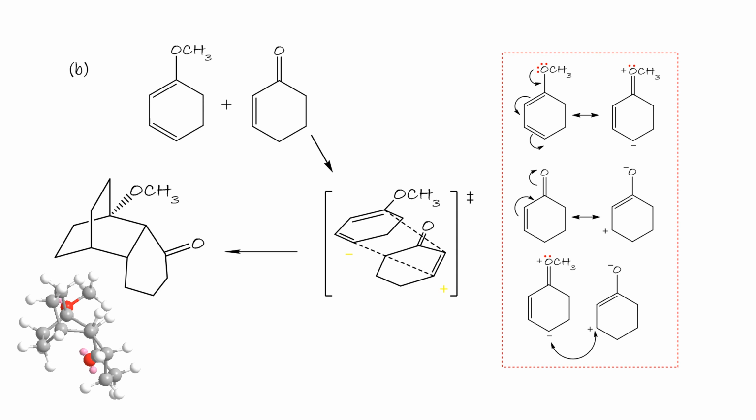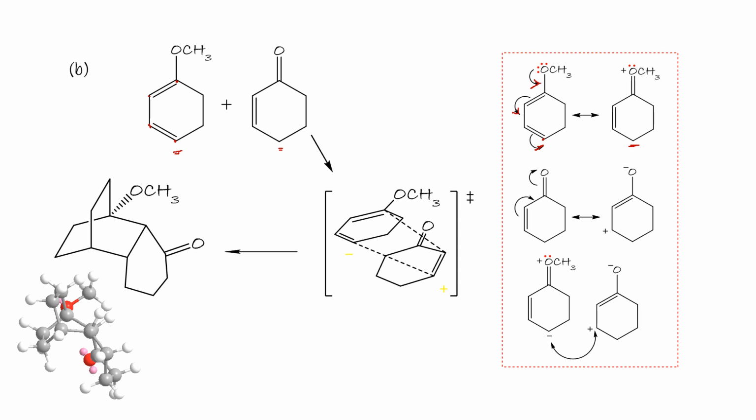Let's see this diene and this dienophile. Which carbon has higher electron density? Of course, according to the resonance structure, this carbon will be high in electron density.